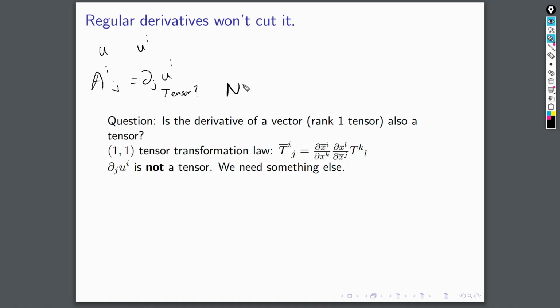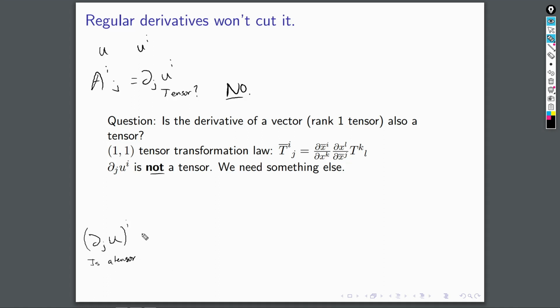And it turns out, no. No, it is not a tensor. We actually need something else. Because if I take the derivative with respect to the jth coordinate of the whole vector u, and I take the ith component of that, then that thing is a tensor.